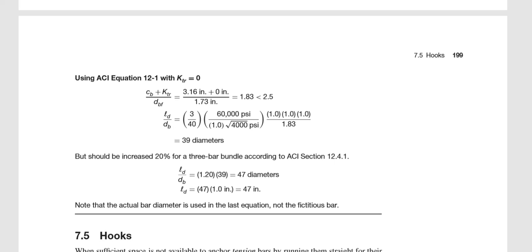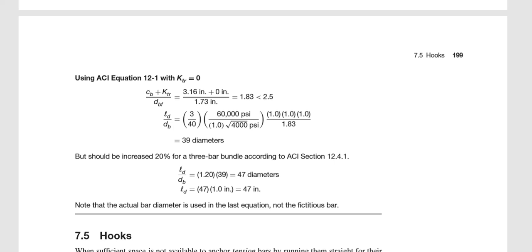In my last example, when I was solving it, I multiplied the diameter here. But again, it's the same thing. Different people have different styles. Then finally we got LD will be 47 inch, since the diameter is 1. So hopefully you understood how to calculate development length for bundle bar.